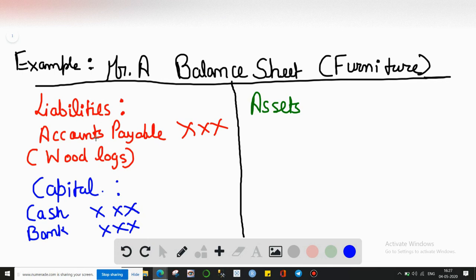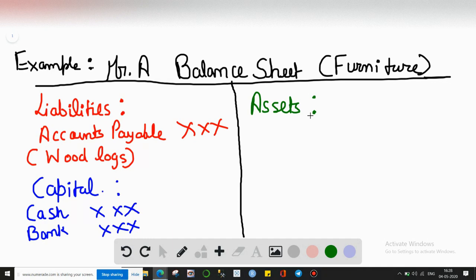Now liabilities have been clarified, and capital also. Now let's come to assets. What are assets? Let's say suppose you have sold furniture to your new customers. Now what happens? The customer says that you are a new businessman, so I cannot trust you initially. What I can offer you is that I will pay you the amount against the furniture I have bought from you in 1 year's time.